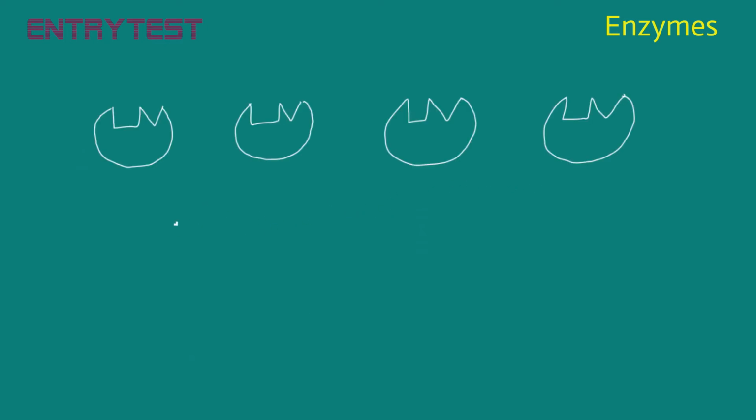So in these four diagrams, what you can see are the enzymes, and we are going to explain what happens one by one. So right now there is the enzyme, and this is going to be the substrate, which is coming towards the enzyme. The next step is going to be the enzyme substrate complex.